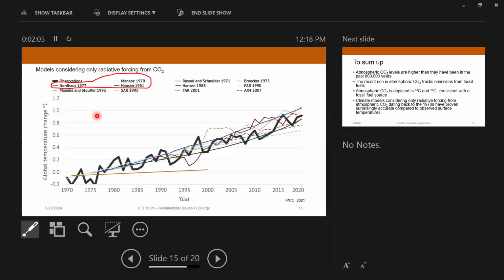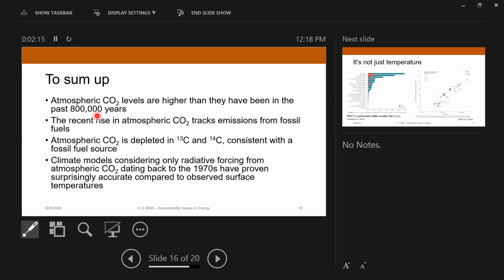So you can explain the observed temperature anomaly since the 1970s purely through this CO2 heat trapping effect. So that's the deal. To summarize here, what we know is that atmospheric CO2 levels are higher than they've ever been in the past 800,000 years, from ice cores.